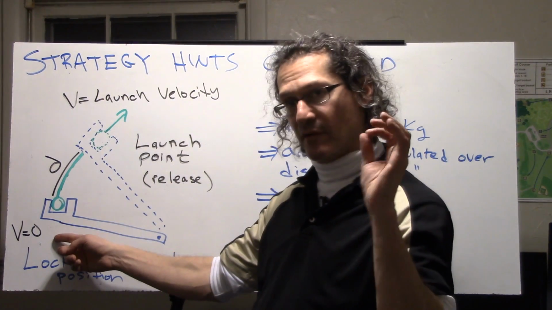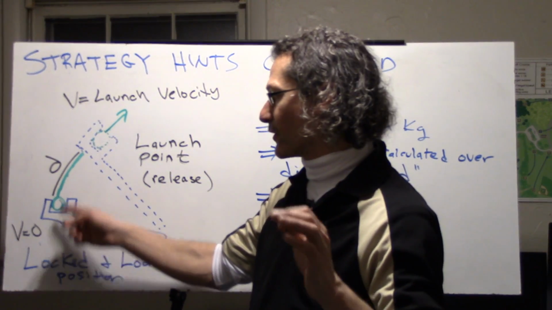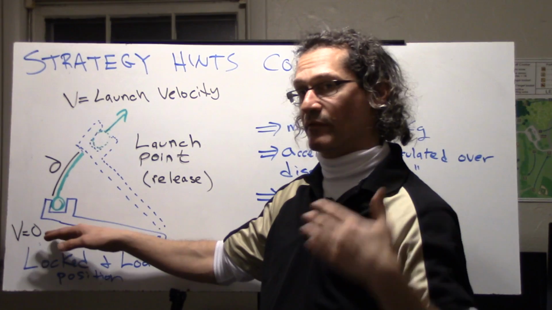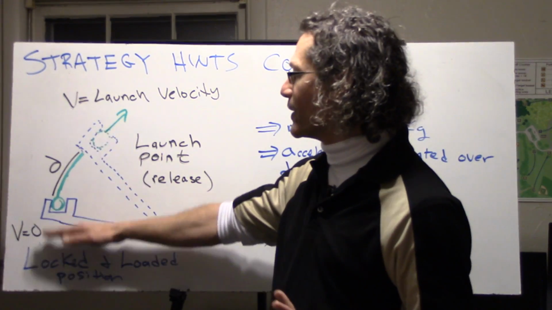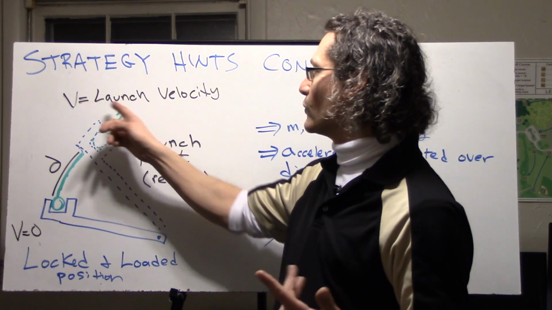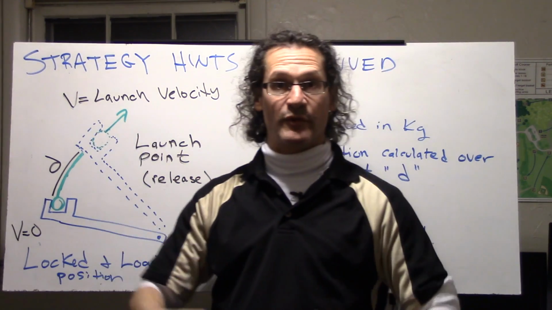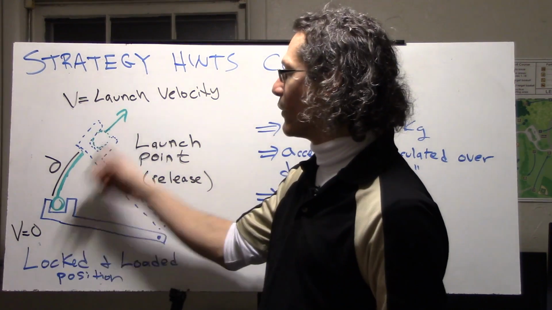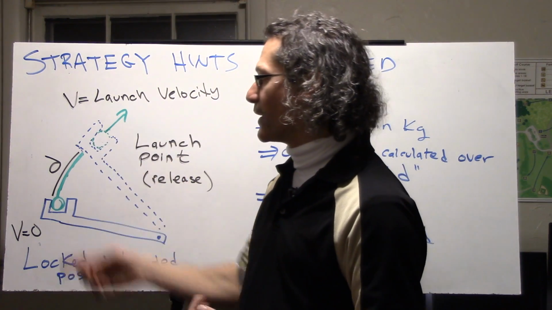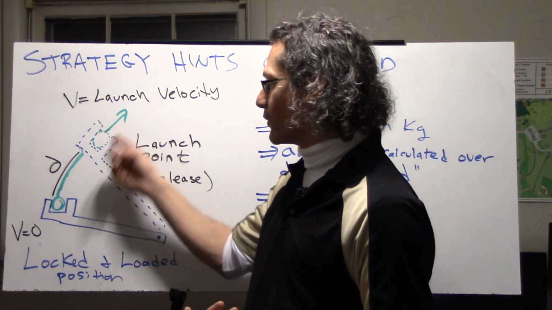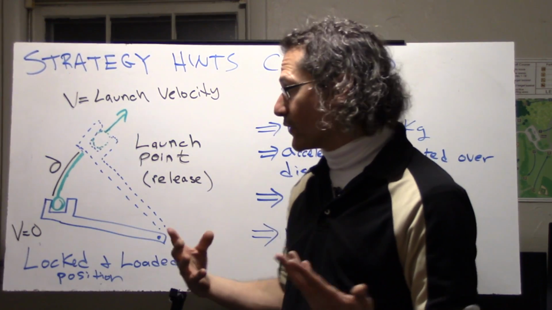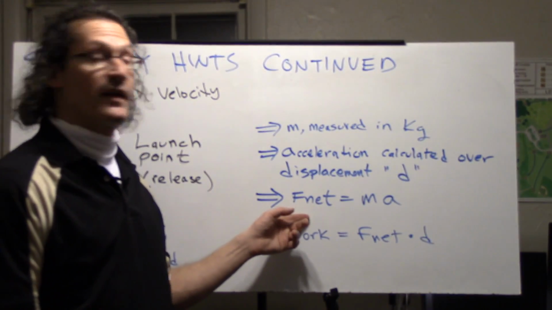Okay, so you have V naught here, in this case, in the locked and loaded position. V is 0, and it's going to accelerate over this distance d to this launch velocity, which you determine using projectile motion. So you can still use those equations over here to get this acceleration. And once you have that acceleration, well, F net equals ma.